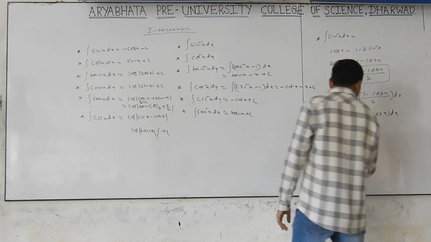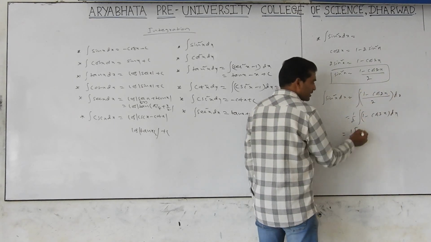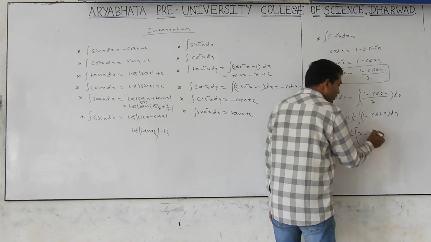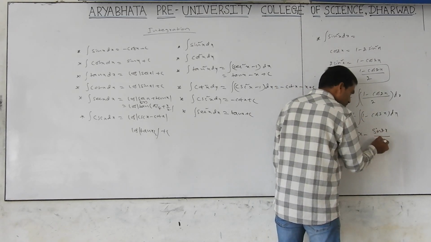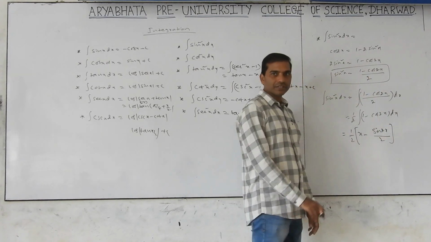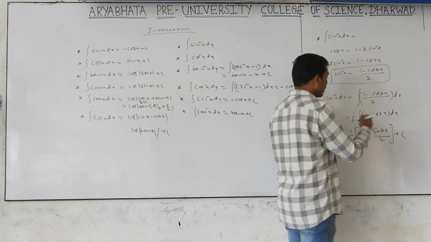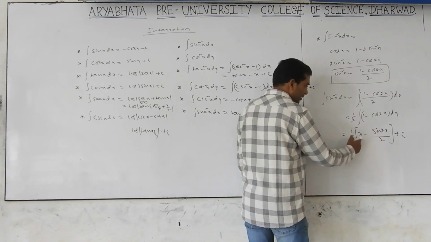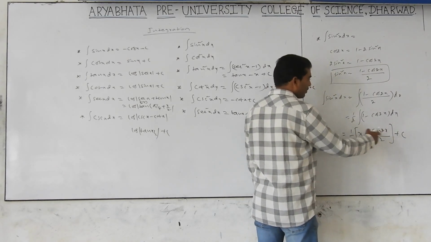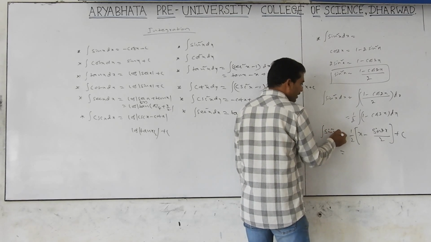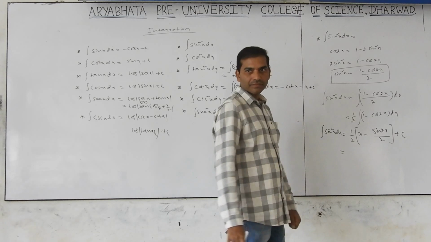The integration of 1 dx is x, and of cos 2x is sin 2x by 2. So the answer is x by 2 minus sin 2x by 4 plus c. This is the integration of sin square x.